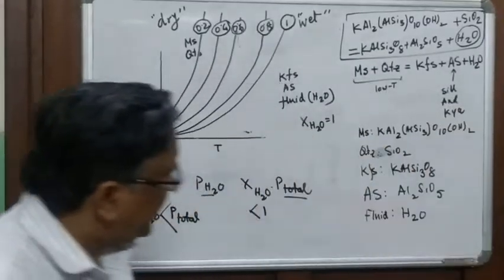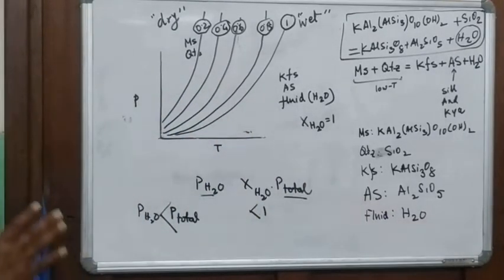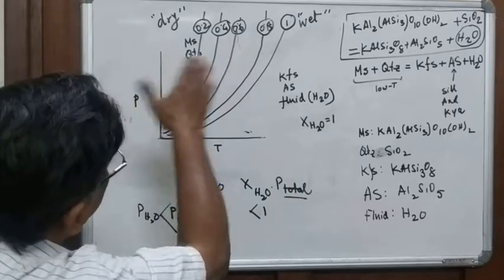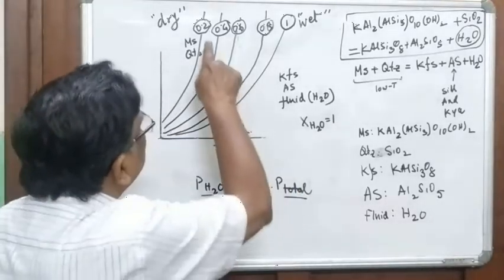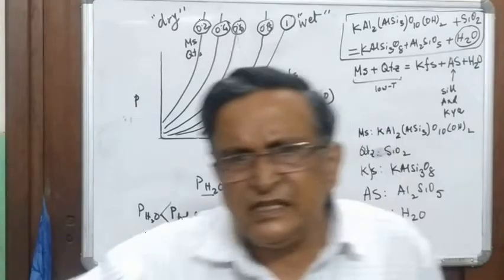Now, you might be wondering, if you have a fluid and you're reducing XH2O, fine, the curve moves this way. But say, for example, when XH2O is 0.2, what else is there?